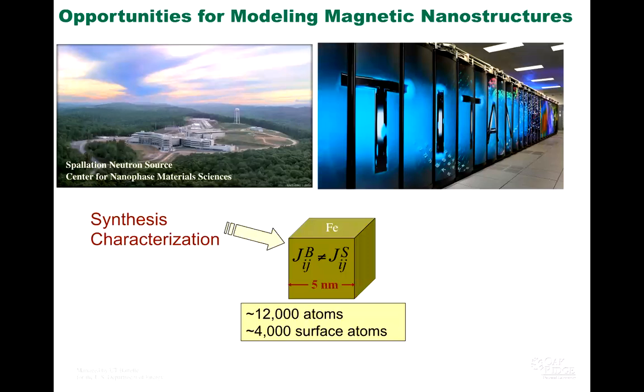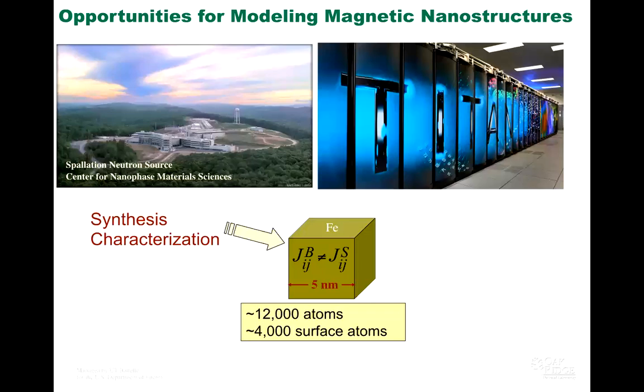So we use Titan basically to use HPC for direct simulations of magnetic materials that are comparable in size to what is accessible from the larger size through experiments.